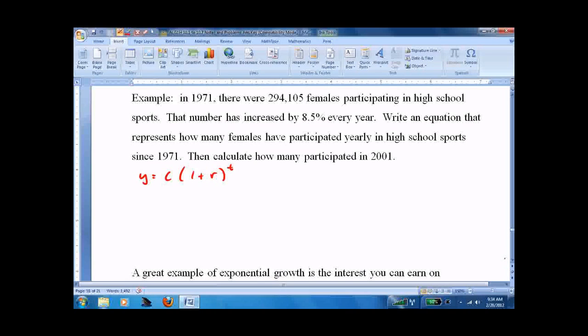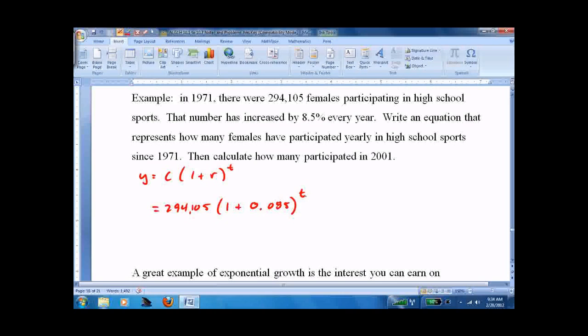So just write an equation for how many females participated since 1971. So we go with the original amount, 294,105, times 1 plus 0.085 to the t. t being how many years.